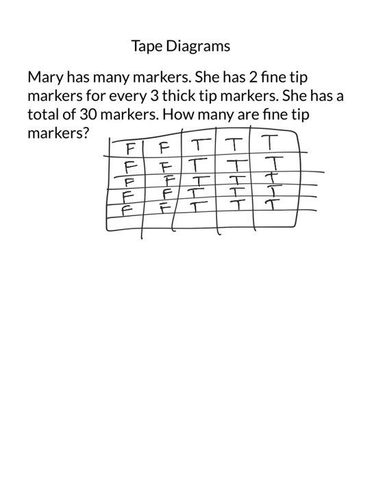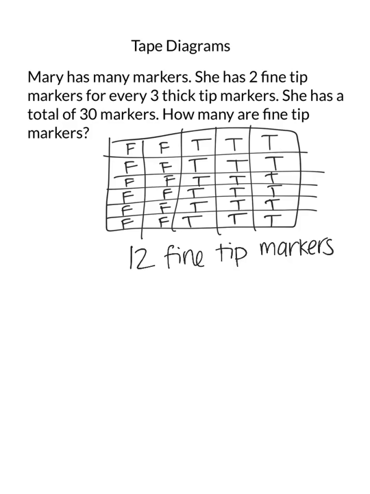So then to answer the question, how many are fine tip markers? 1, 2, 3, 4, 5, 6, 7, 8, 9, 10, 11, 12. 12 fine tip markers.